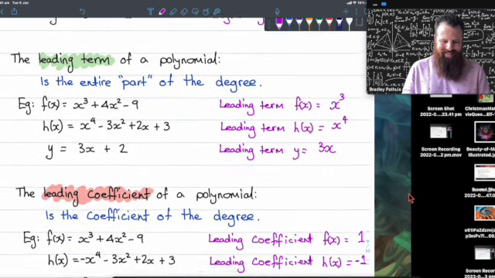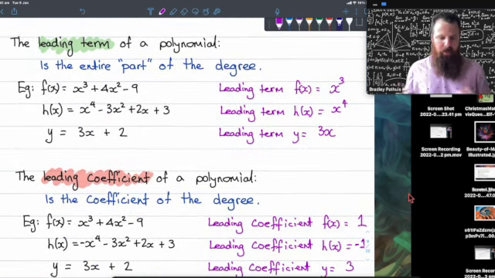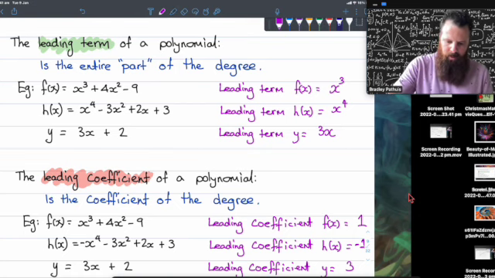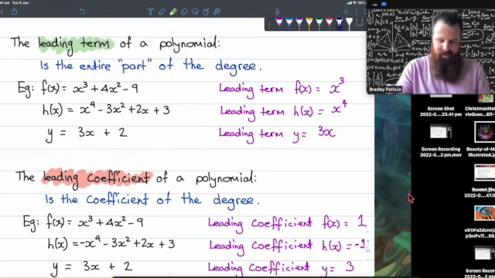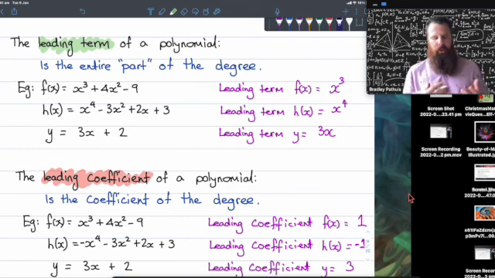Moving on. The leading term of a polynomial. Remembering that a term, algebraically, is either a number or a number and a bit of a pronumeral together that also includes its direction or its sign.